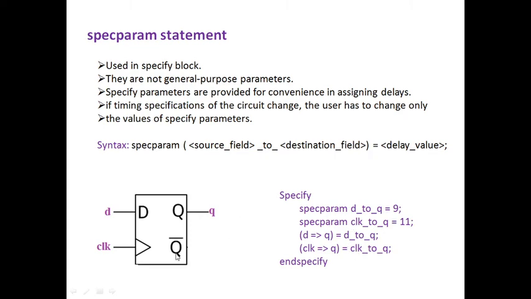And next, from clock to Q also, because each bit in the source field is getting connected with each and every bit in the destination field. Now the clock to Q also will definitely have a path, and that path is having 11 seconds of delay. So this is according to the parallel connection from D to Q as well as clock to Q.